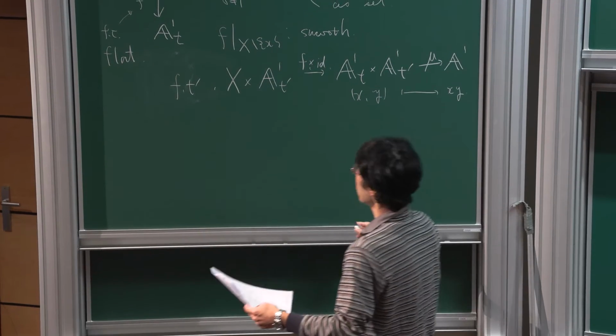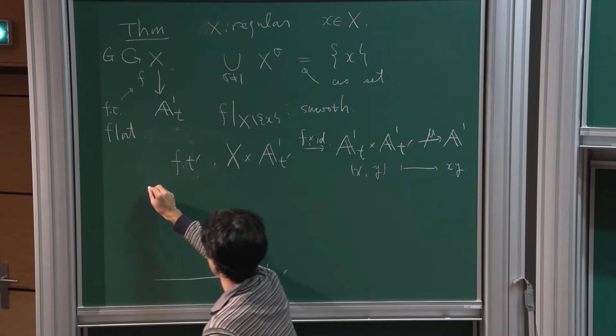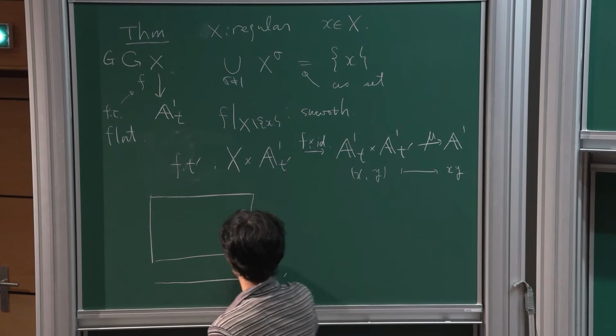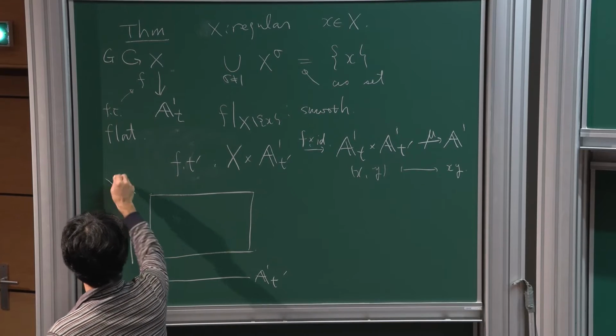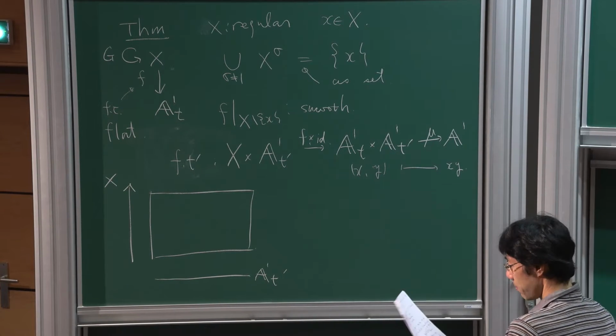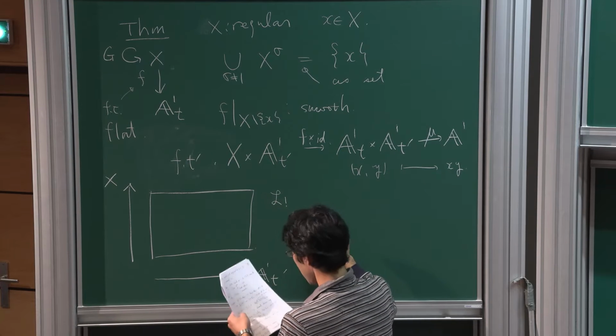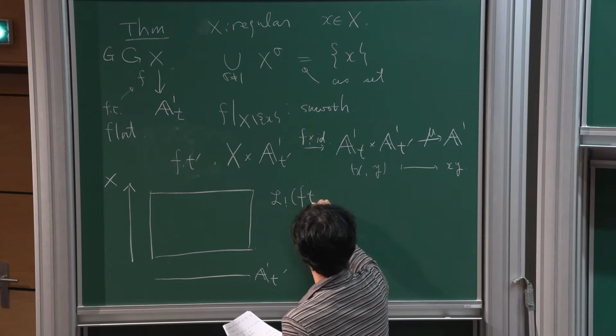Okay, so I have this A1 T prime line, and I have this X direction. I can consider on this X cross A1 T prime the sheaf L shriek of f T prime.